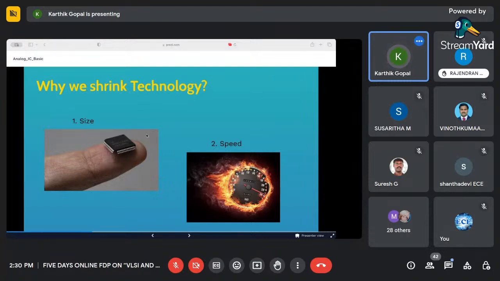If any of you had a chance to use a recent Samsung high-end series or the Apple 13 Pro or 14, you could see that the phone is blazing fast because of this shrink in the technology.